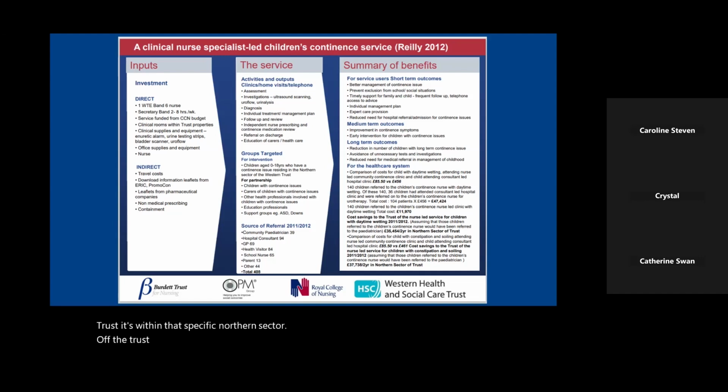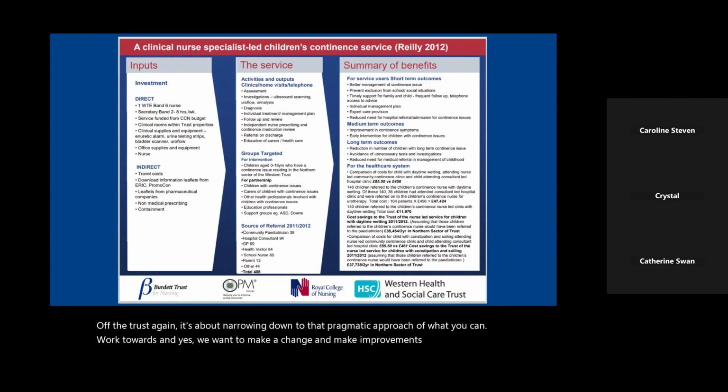Again, it's about narrowing down to a pragmatic approach of what you can work towards. Yes, we want to make a change and make improvements across lots of areas, but we need to start small and start somewhere. Then they've listed the summary of benefits as well. You can see examples where they've started to think about short-term, medium-term and long-term outcomes.